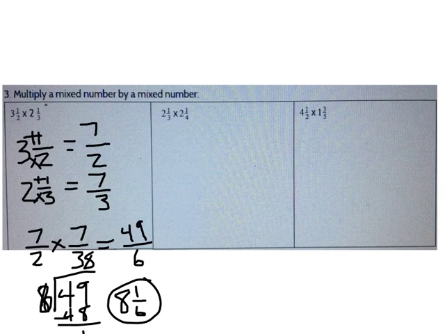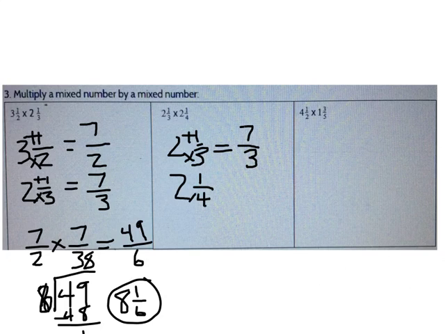Now let's look at another example. 2 1/3 times 2 1/4. First, when I change 2 1/3 into an improper fraction, what do I get? Well, 2 times 3 is 6, plus 1 more is 7 over 3. When I change 2 1/4 into an improper fraction, what do I get?